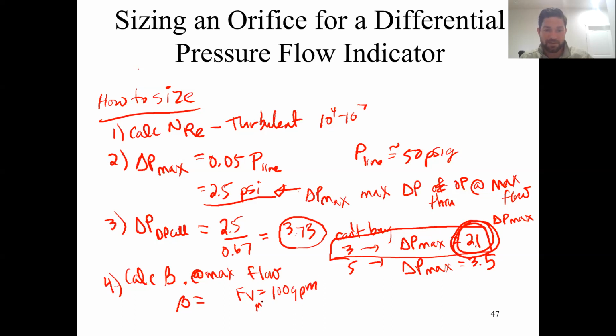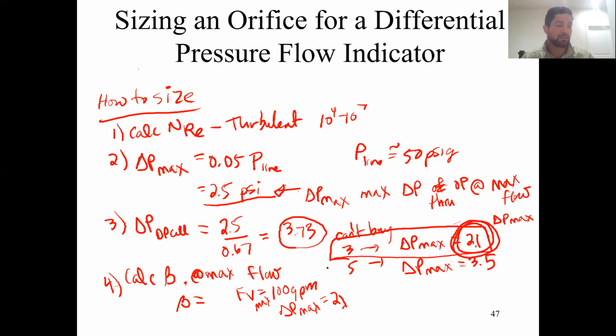So this is FV max, and then we would use delta P max. Remember, delta P max is going to be this 2.1. It's not going to be the nominal value of the DP cell. So these things right here, we put in the equation that I erased, and we go ahead and get beta.